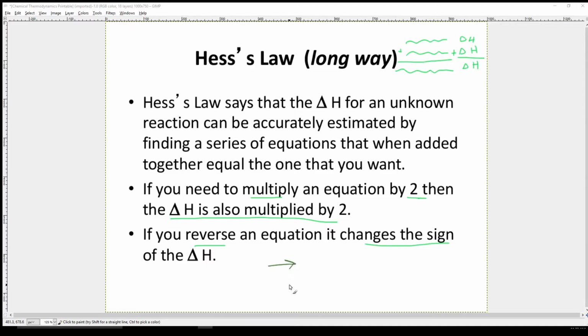So if I switch the direction of a reaction, if I had delta H originally, and then I reverse the whole thing, it'll be negative delta H. If I take this equation and I multiply it times 2, then this will be 2 times delta H.